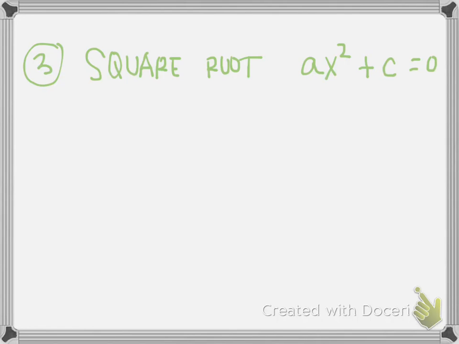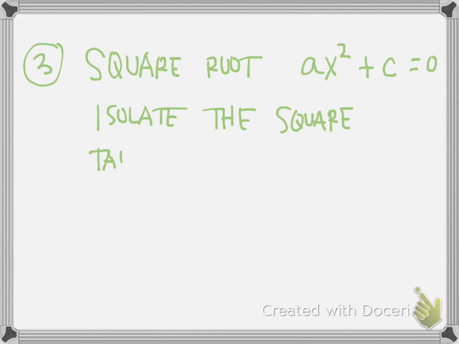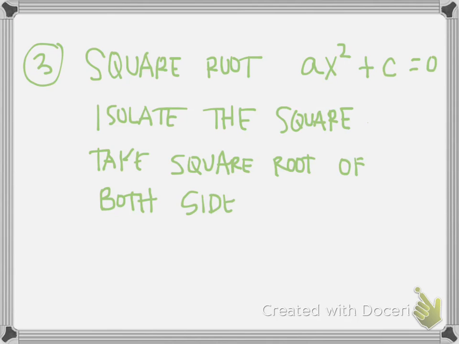So you're going to isolate the square, then take the square root of both sides. Okay, good deal.